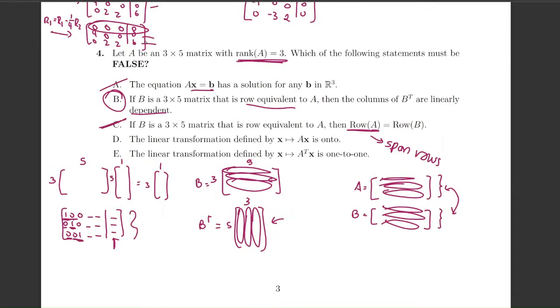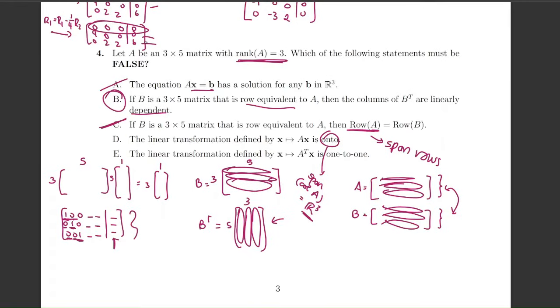In part D, we have the linear transformation x to Ax is onto. So onto here means that the span of the columns of A is going to be, in this case, R^3. It's R^3 here because obviously the columns of A only have 3 elements in them, so they can really only span R^3.